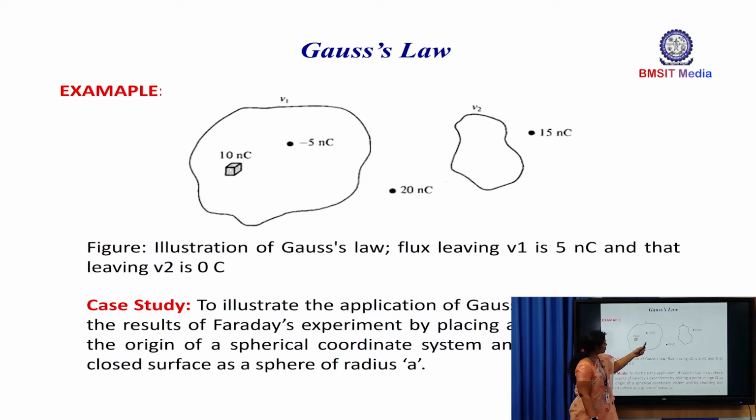At the same time, you can observe that 20 nanocoulombs and 15 nanocoulombs are outside of this closed surface V1. So, only 10 nanocoulombs and minus 5 nanocoulombs are enclosed by this surface, so the net flux leaving V1 is 5 nanocoulombs. What are the 20 nanocoulombs and 15 nanocoulombs going to contribute?